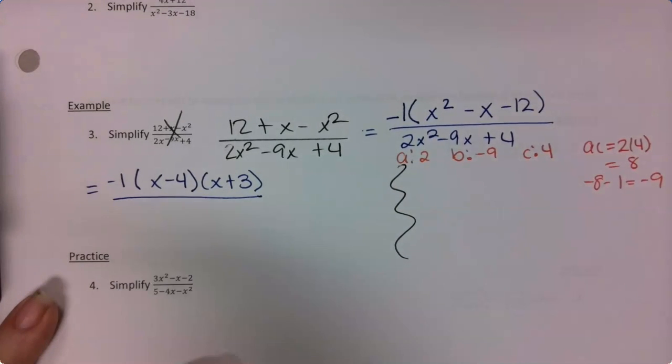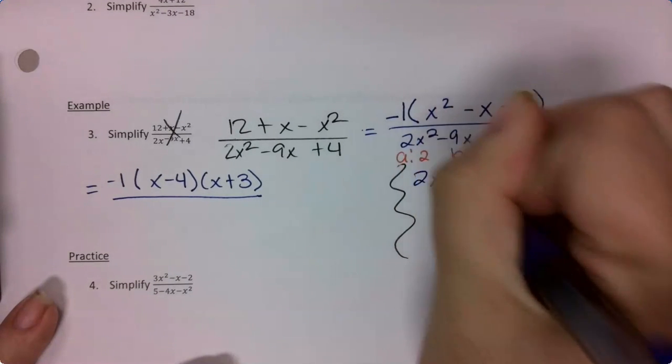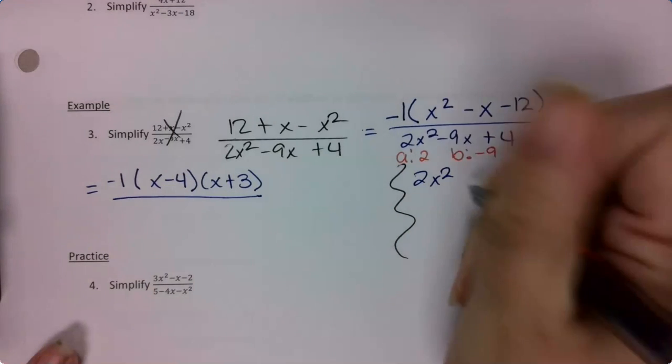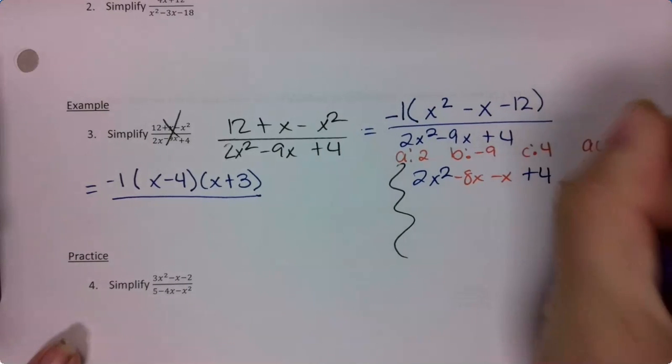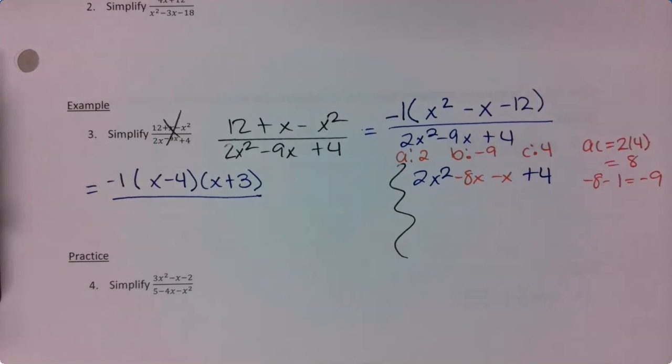So I am going to work off to the side here. I am going to rewrite that 2x squared part. And then I'm going to split the negative 9x into negative 8x minus x. And then it's still plus the 4 at the end. Okay.